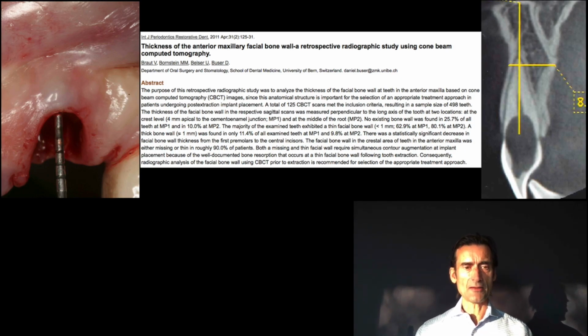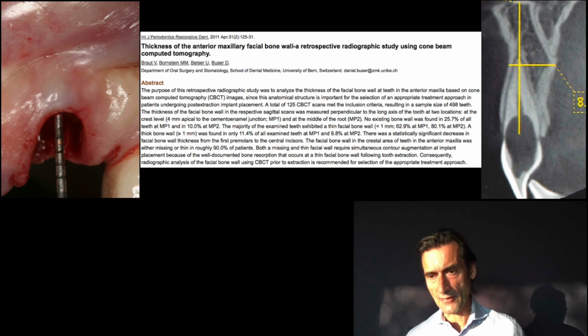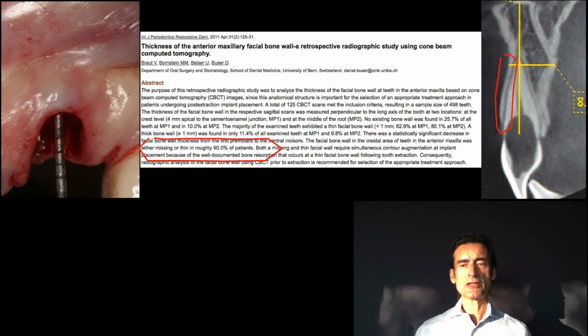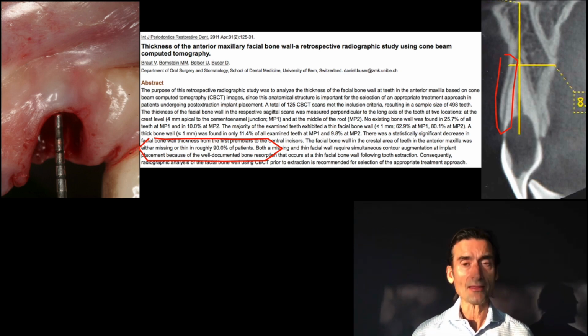So this is a nice paper from Buser from the University of Bern, one of our really top researchers and clinical evaluators. What he looked at with his team in the CT scan is how thick the bone actually is around anterior teeth. And it's very surprising that in anterior teeth, and it probably also depends on male versus female, and probably on the ethnic background of the patient.